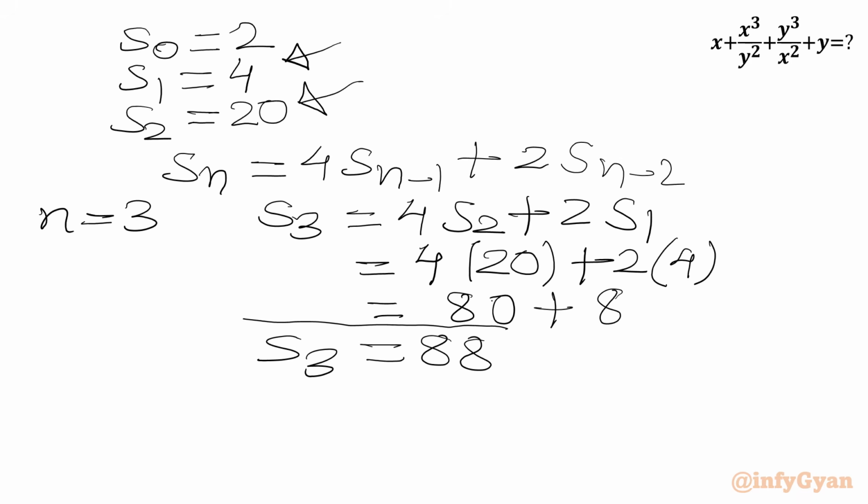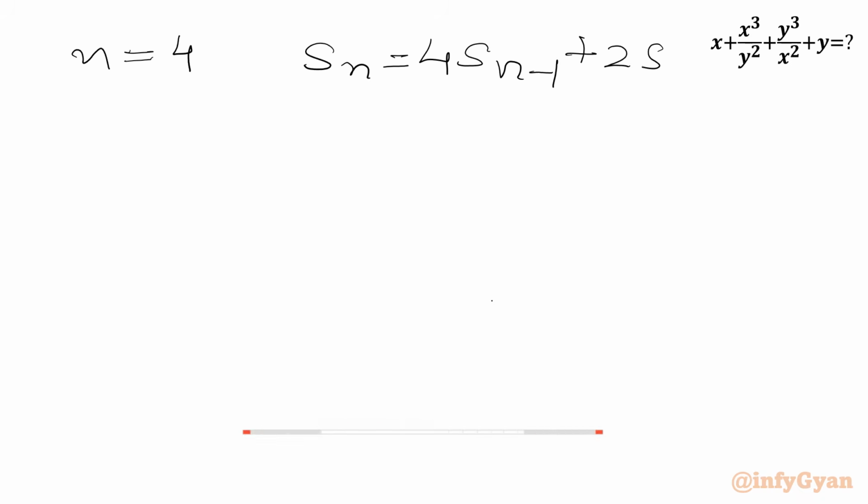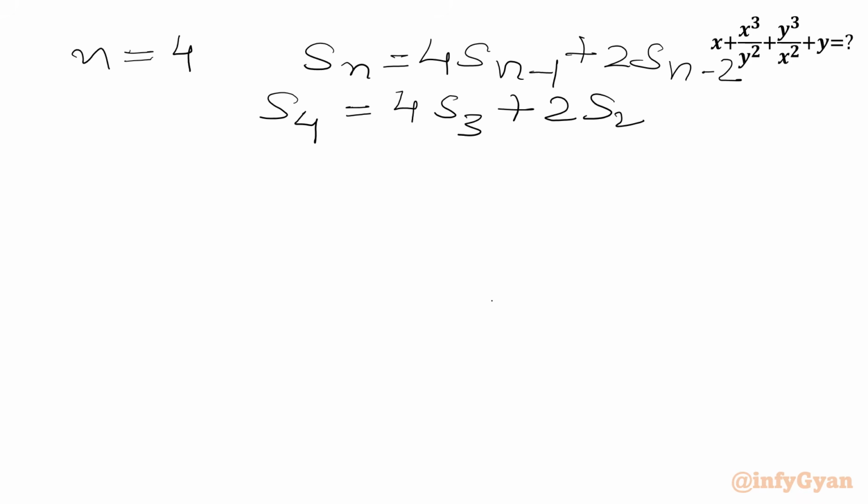Now we have to put n equal to 4. So let me write here n equal to 4. Sn is 4 times Sn minus 1 plus 2 times Sn minus 2. We will get S4 equal to 4 times S3 plus 2 times S2.